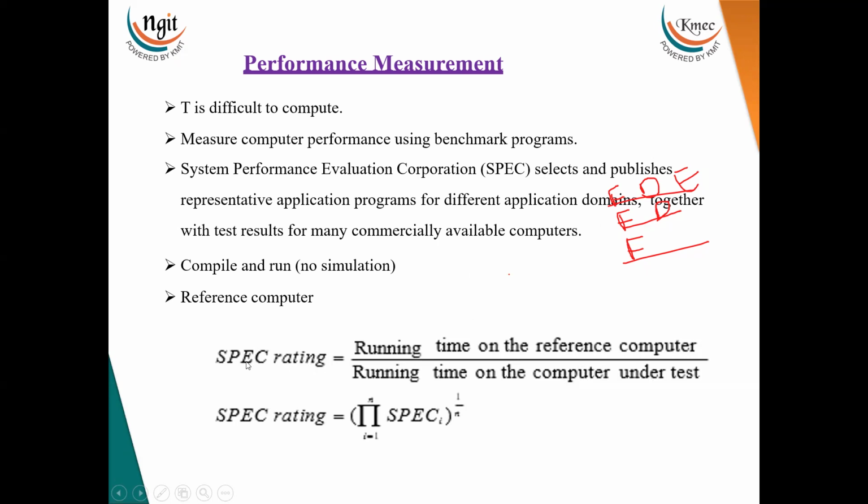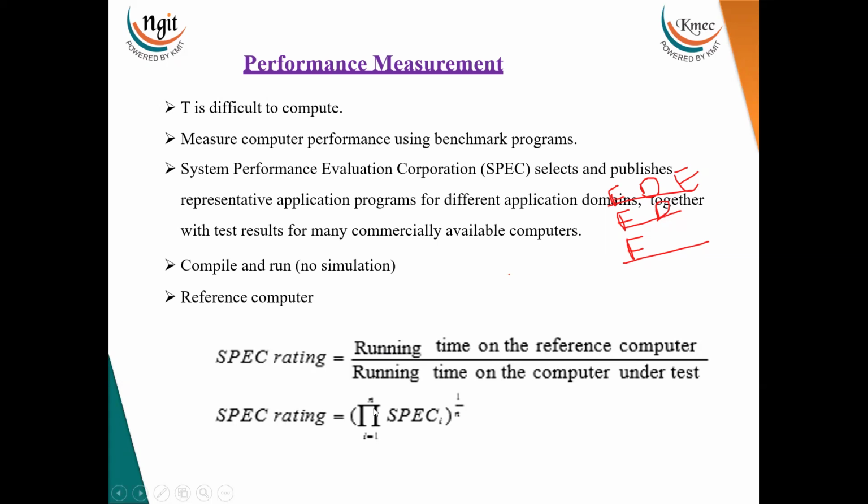That ratio is called the SPEC rating, and the SPEC rating is nothing but a ratio of the running time on the reference computer to the running time on the computer under test. Now whatever ratio we are getting, this is for only one program. If n number of programs we are running, then this is the formula we need to use.